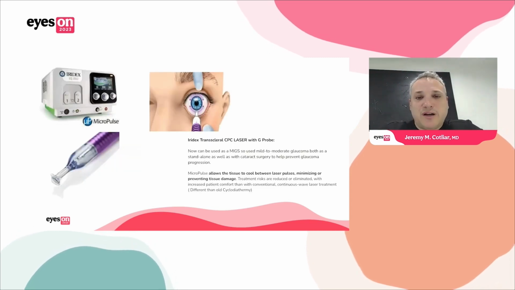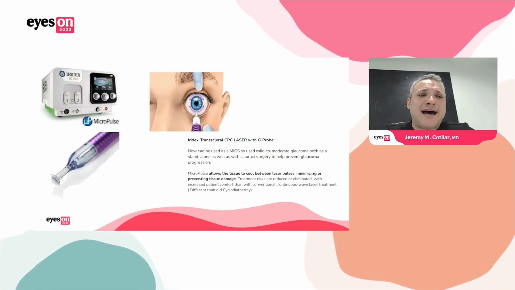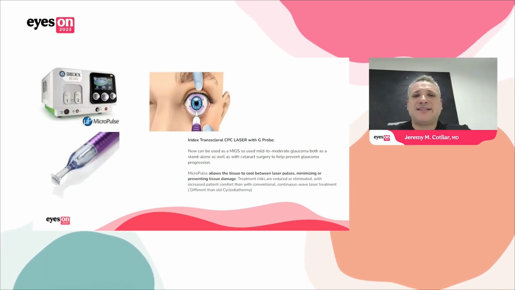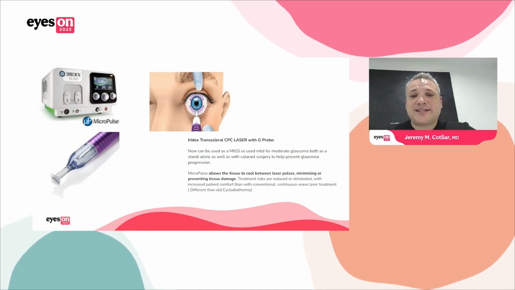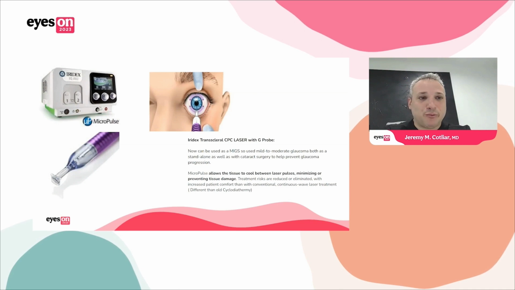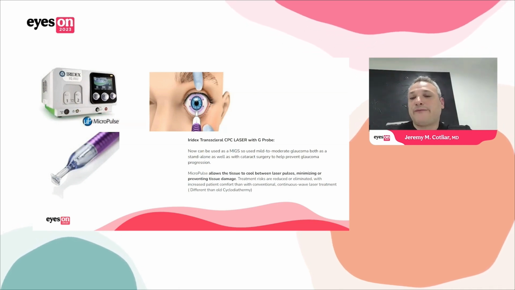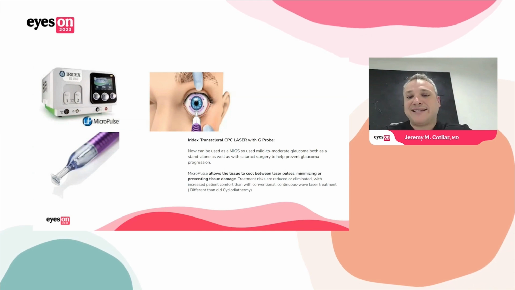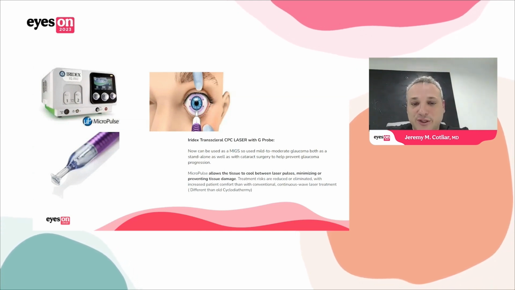The newer version of the CPC laser, which is one that I also used a lot more in the past, not as much today, because it is very painful, is the Iridex transscleral CPC laser with the G probe. And now it can be used as a MIGS, used for mild to moderate glaucoma, both as a standalone as well as with cataract surgery, to help prevent glaucoma progression.